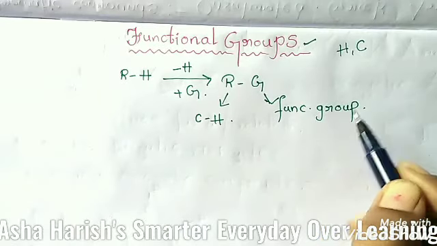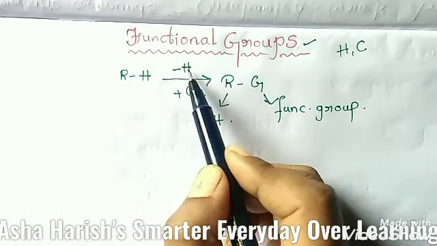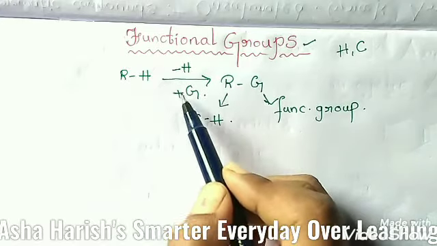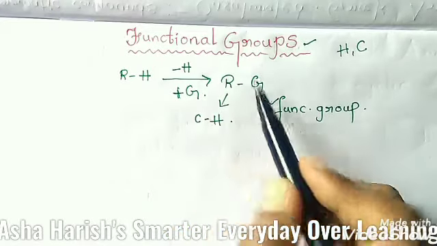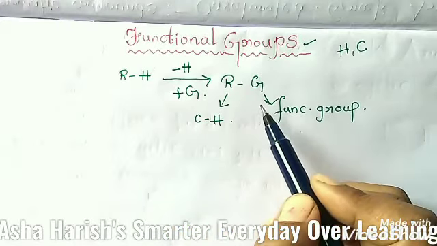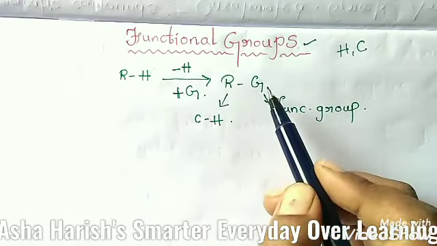If you remove one hydrogen and add a functional group, finally you get R-G, which is the organic molecule.